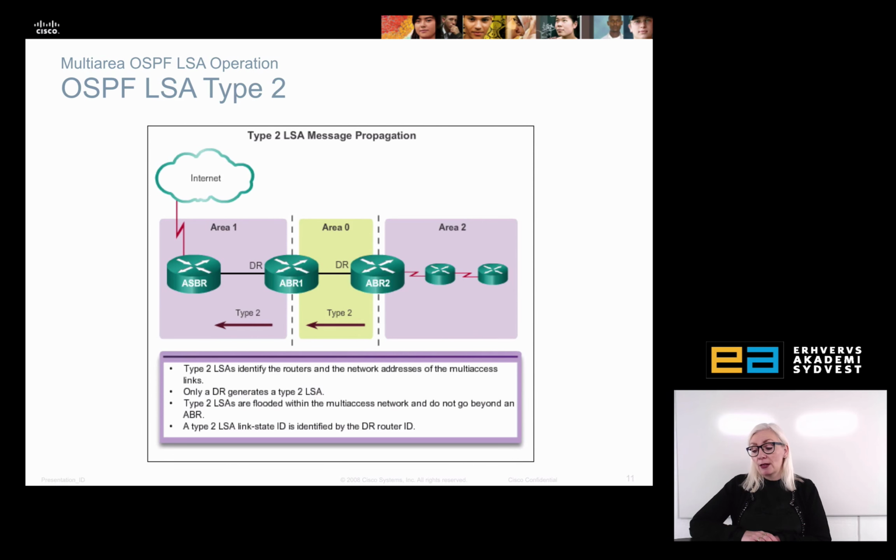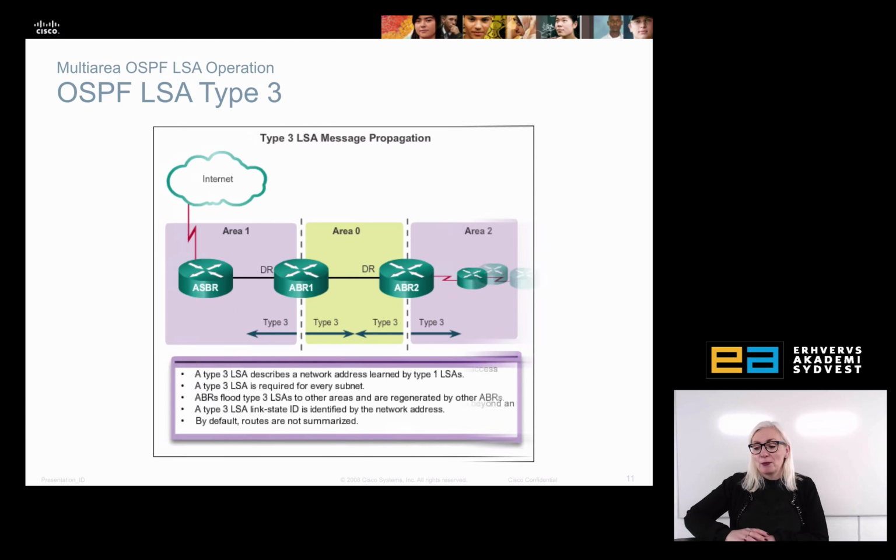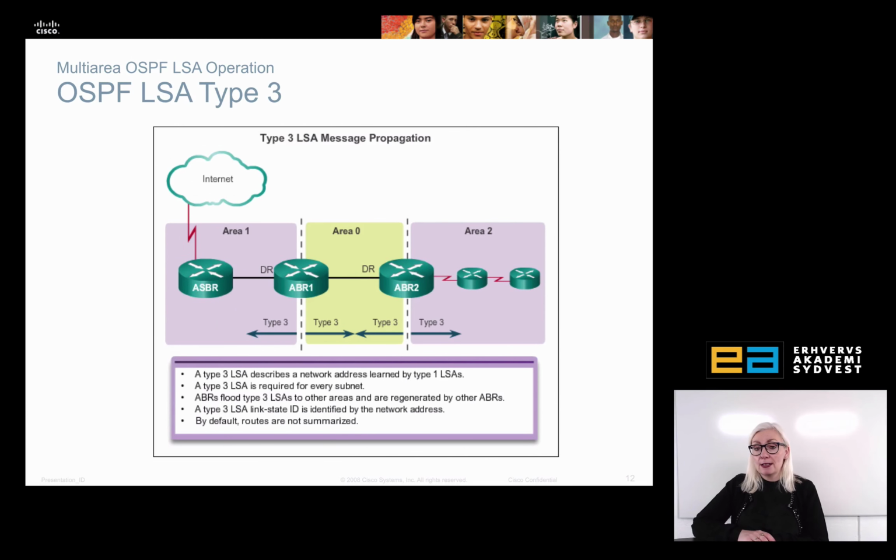Type 2 is more or less the same, but it is sent on a multi-access network. We remember that when we talked about OSPF on a multi-access network, there will be one of the routers which is the designated router, or the DR. So only the DR will generate these kinds of packets. Then we have the type 3 LSAs, which the ABRs send out. This is information about other routes.